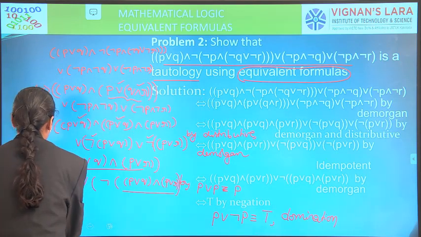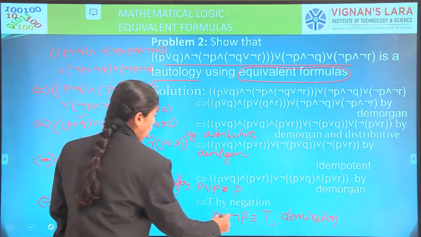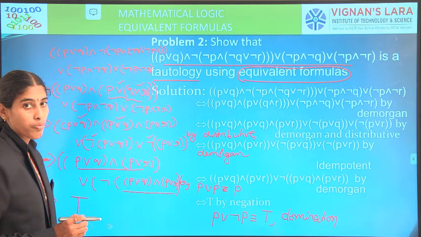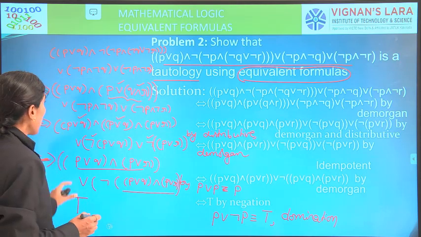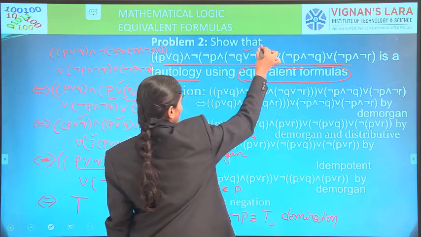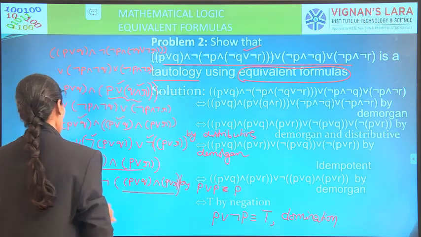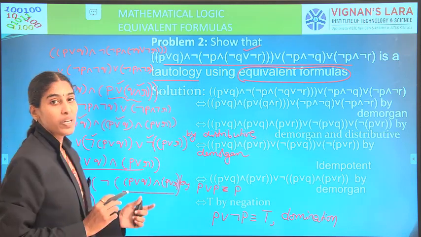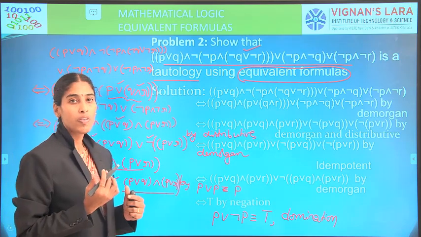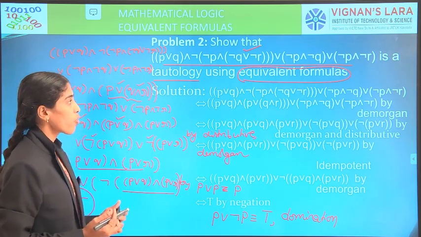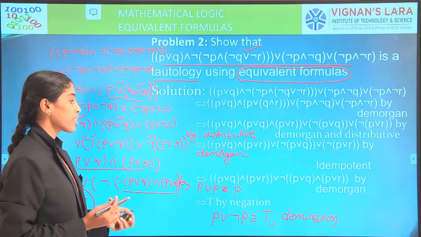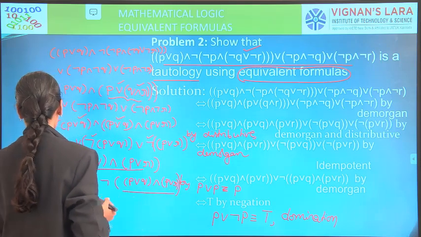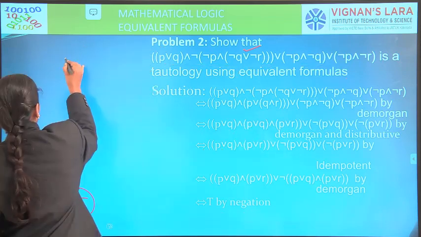Same variable or its negation, we call it true, T. So, we consider the given expression. Finally, we get T. That means the given expression's truth value is always T. Therefore, the given expression is a tautology. Right? Therefore, the given expression is a tautology.